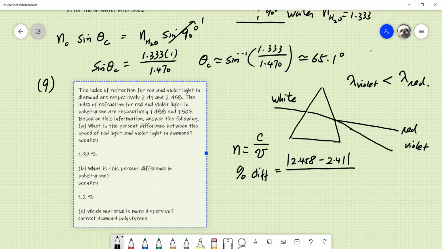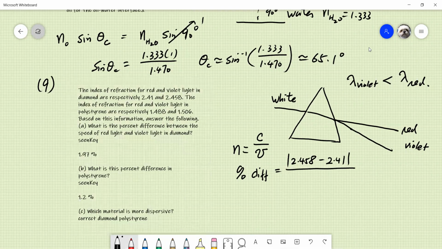We're talking about these two numbers here, right? So we want to find a percentage difference. They are related to the index of refractions. The speed percentage difference is related to the index of refractions. So what is it? 2.458 plus 2.41 divided by 2.